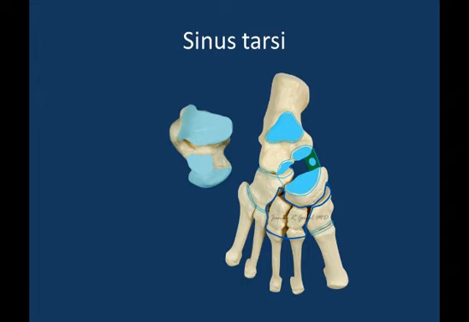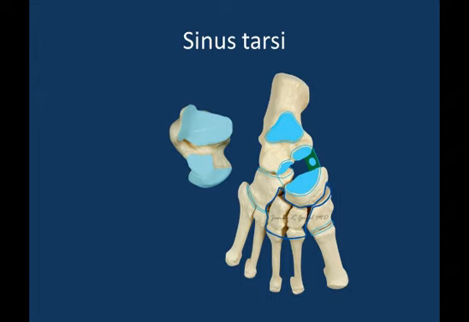Let's look at the anatomical concept of sinus tarsi. The sulcus calcanei is a deep groove which separates the posterior and middle talar facet of calcaneus and gives attachment to the interosseous talocalcaneal ligament. The sulcus tali is a deep groove between the posterior and middle calcaneal facet of talus.